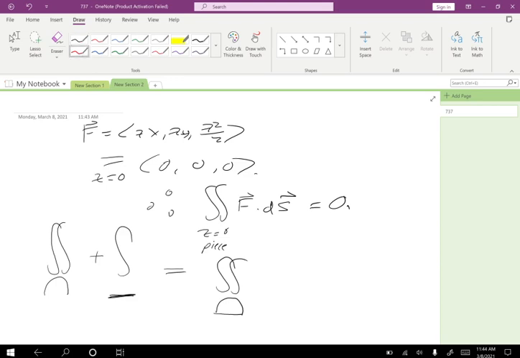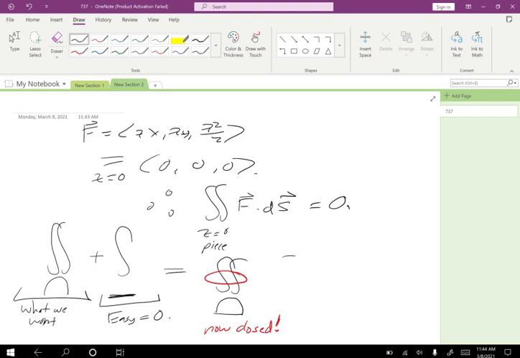And so now this is closed. I'm also going to emphasize, the first integral is what we want. And the second integral is easy. And this is 0. And for this final piece, we're going to use the divergence theorem.